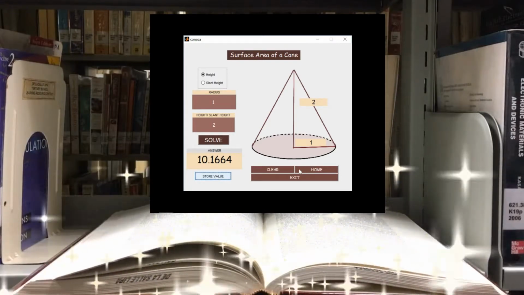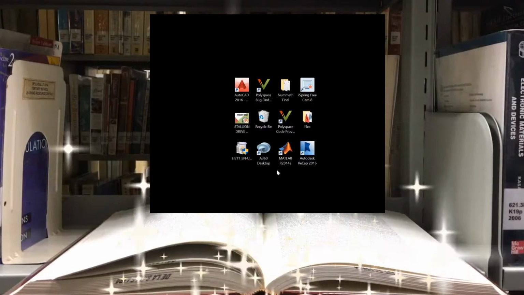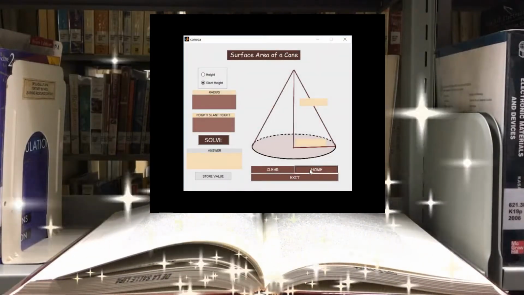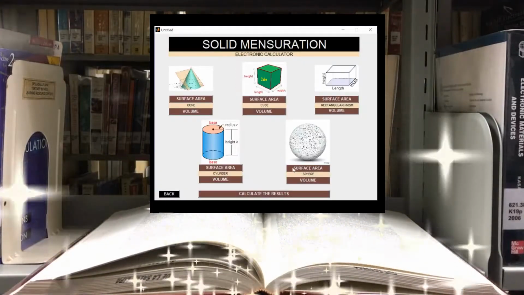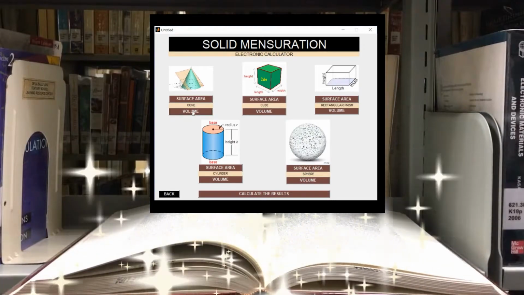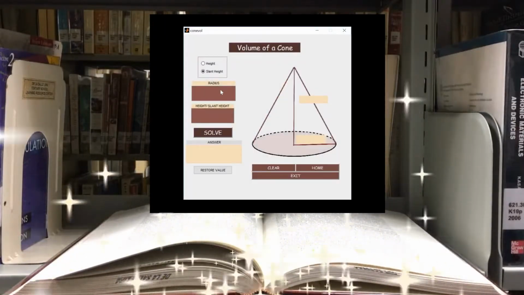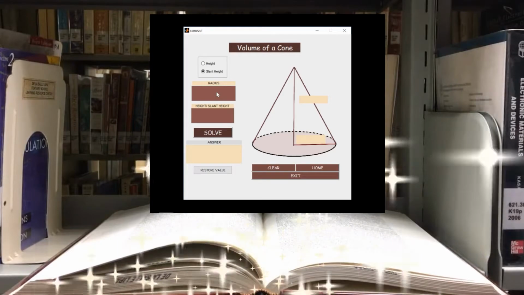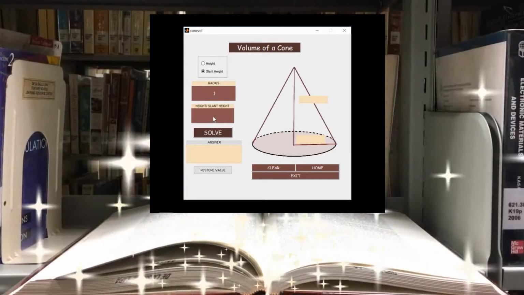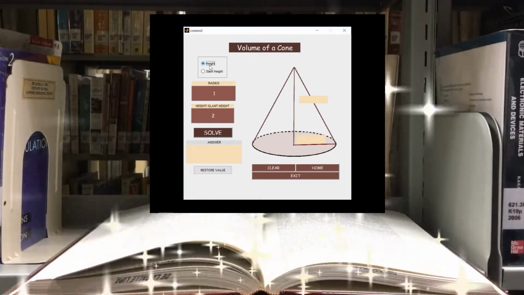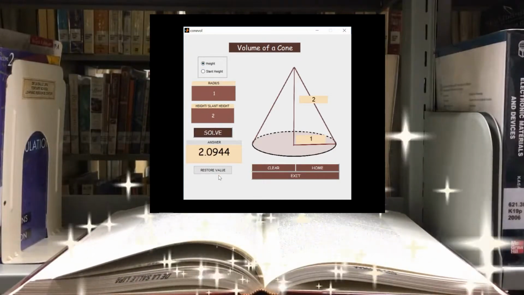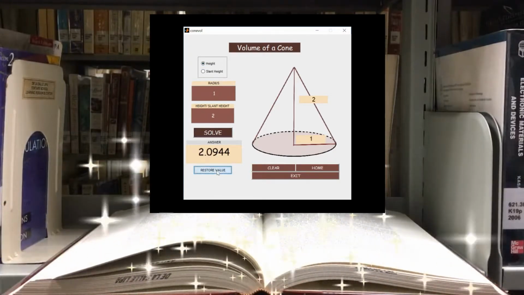If you want to recalculate it, you can press clear, and then if you don't want, go back to the first play, home, and then next, volume of the cone. Put the radius 1 again, and then 2, slant height, height only. Solve the answer.